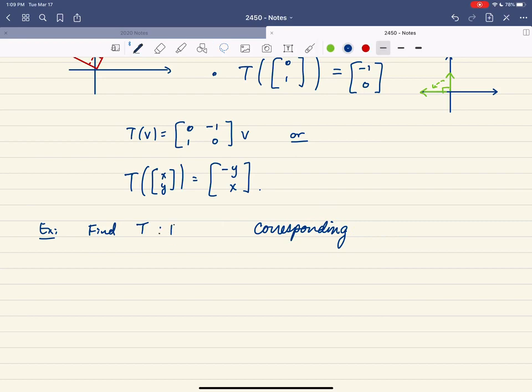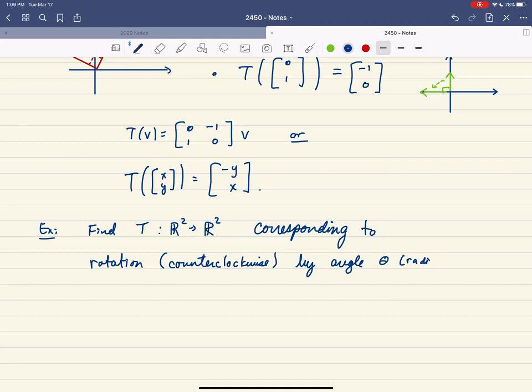But I want to find the matrix T, taking a vector from R2 to a vector in R2, corresponding to a rotation in a counterclockwise manner by some angle theta as measured in radians.